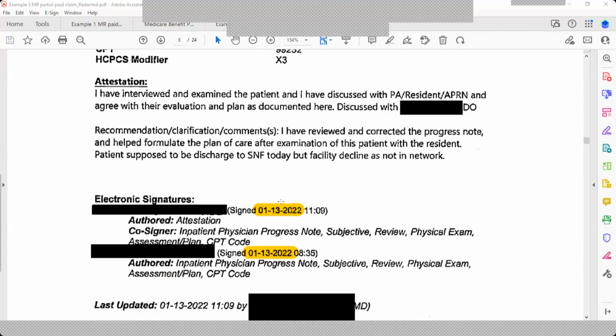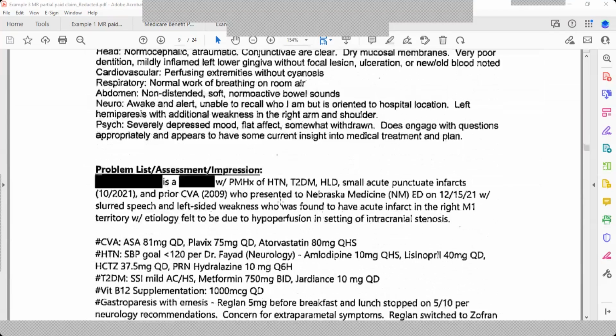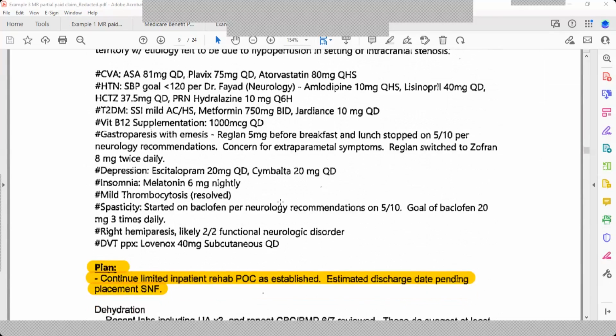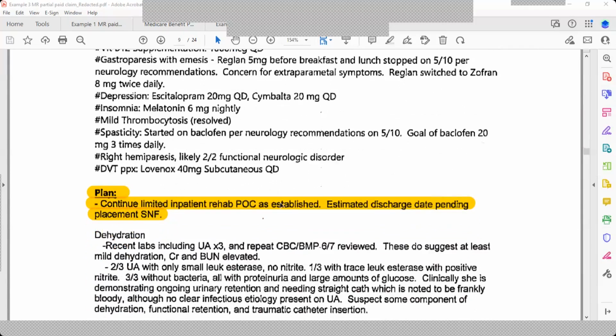Next, we're going to scroll to the physician note for June 7th. This physician note reports that the plan is to continue limited inpatient rehabilitation care as established with an estimated discharge date pending skilled nursing placement.